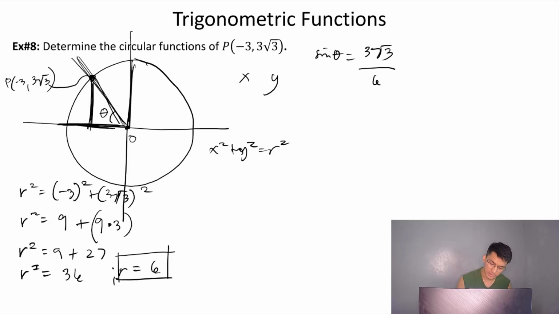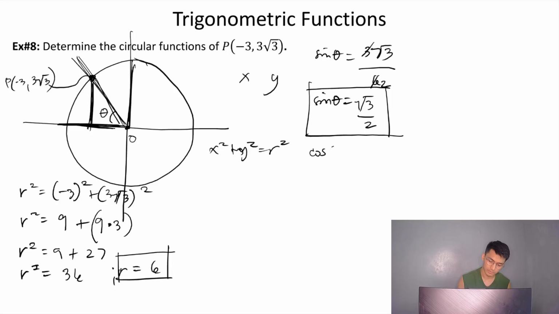So, sine theta natin is equal to, cancel yan, cancel, and this is 2. Square root of 3 over 2 na lang. That's our sine theta. For cosine theta is equal to adjacent over hypotenuse. Ang adjacent natin ay negative 3 over 6. Or by simplifying, we have cosine theta is equal to negative 1/2.